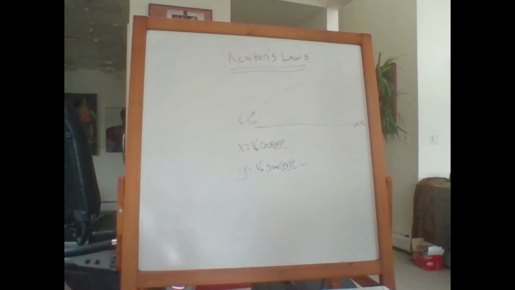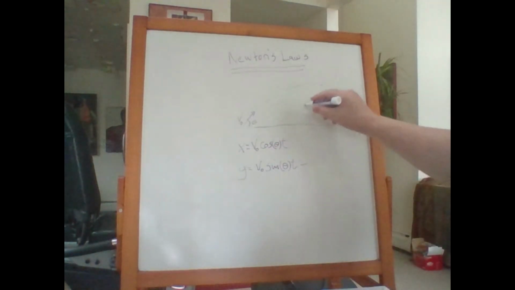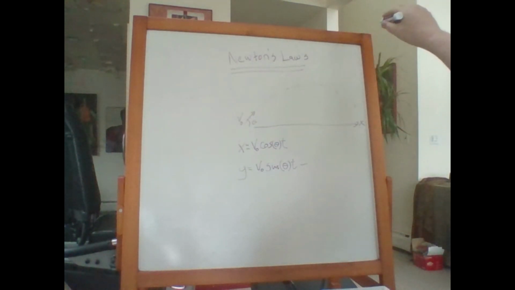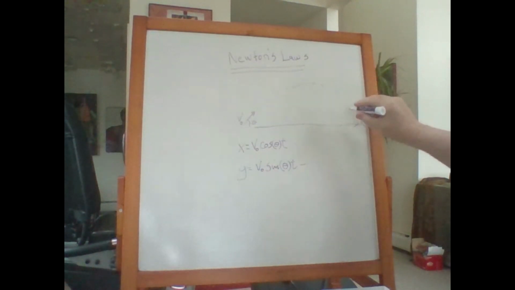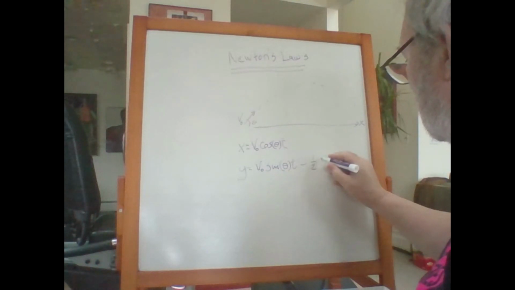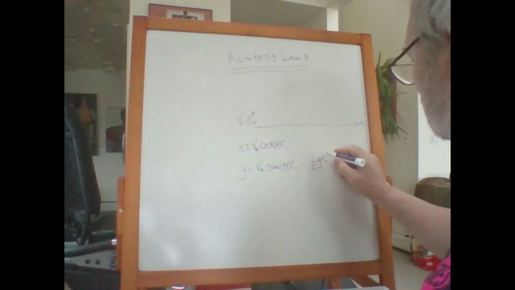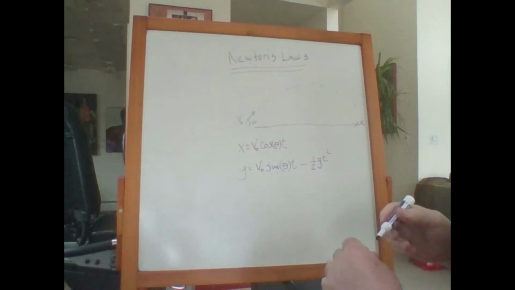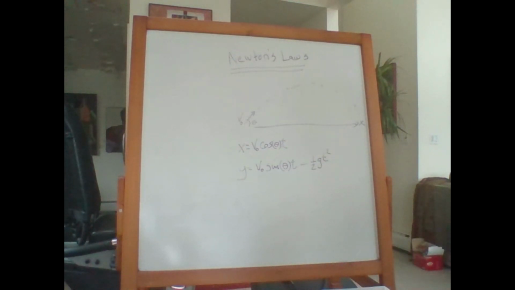Now this is where the gravitational influence comes in, because it just doesn't keep going up and up and up. It curves back down again. So minus 1/2 g t squared. And those are what we call parametric equations of motion.